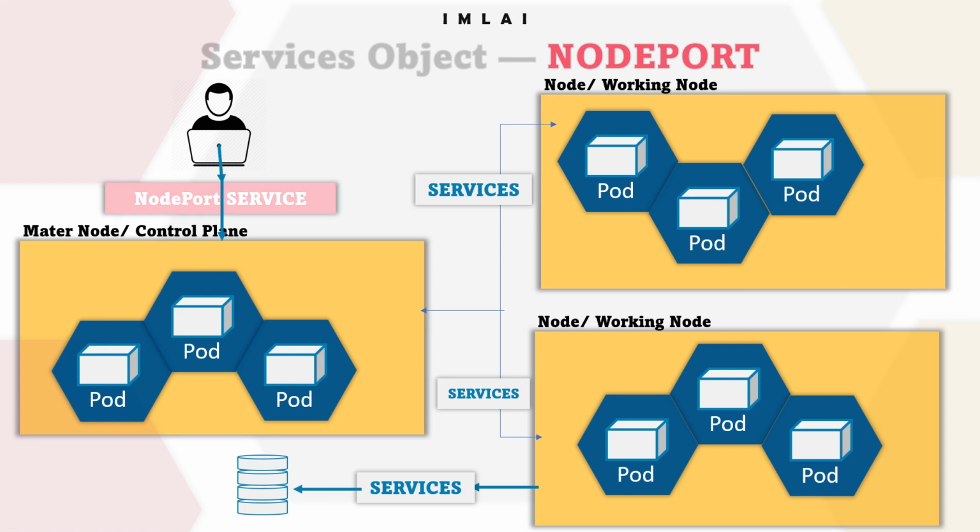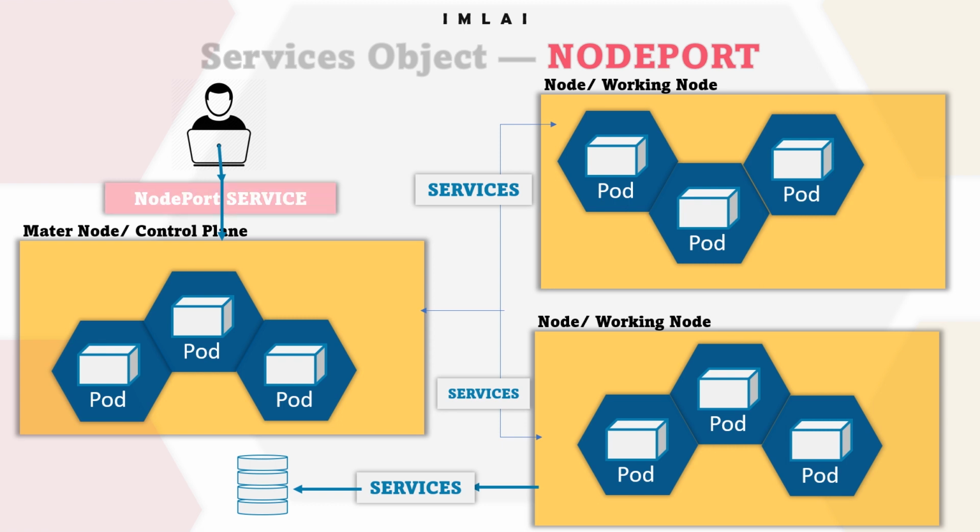From any of your nodes you should be able to access the service, then your pod, and through your pod your application. I hope you got it. Let's do the exercise so that it will be much clearer.